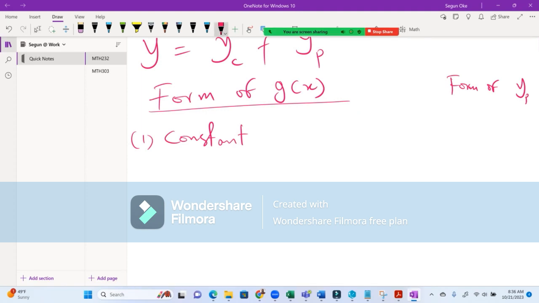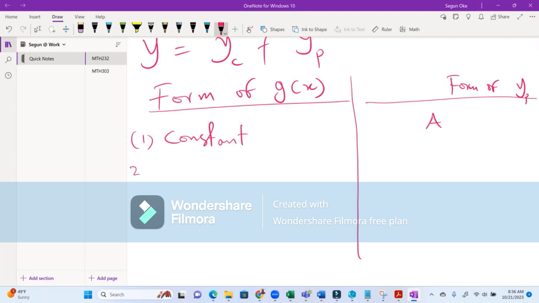When I have a constant, the y particular will be in this form, I will equate it to be a. Number two, if I have a linear polynomial, my y particular will be ax plus b.